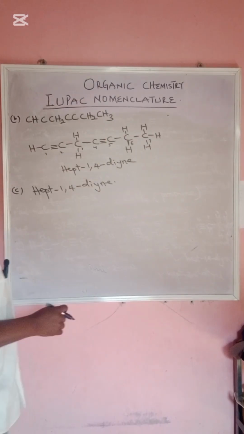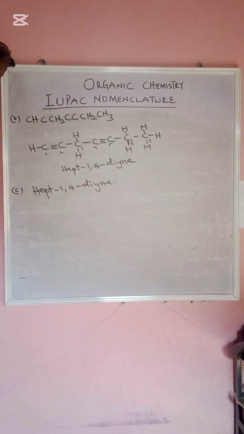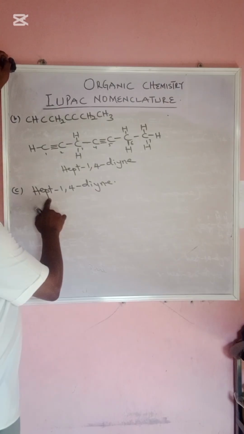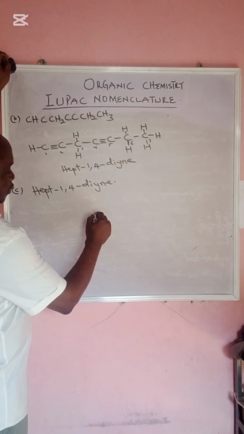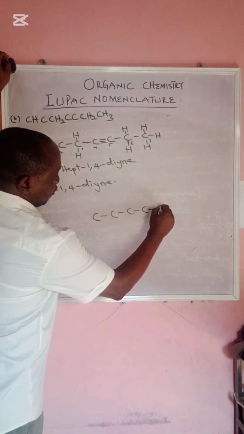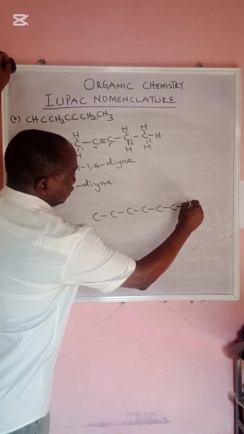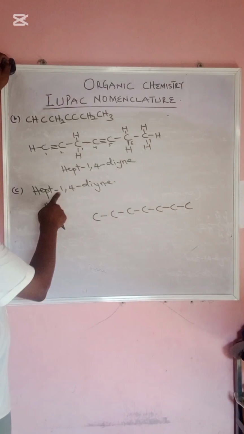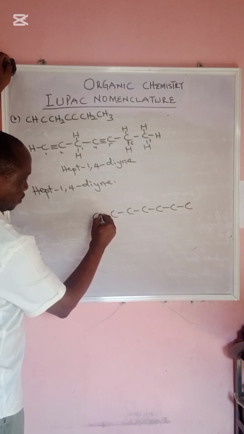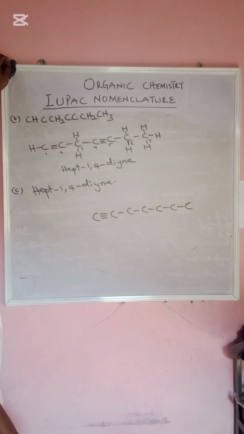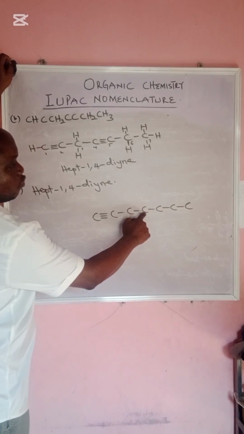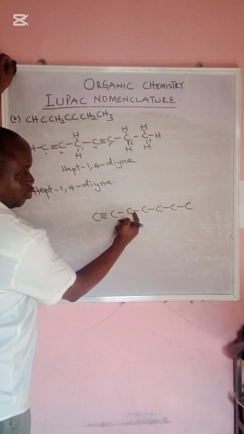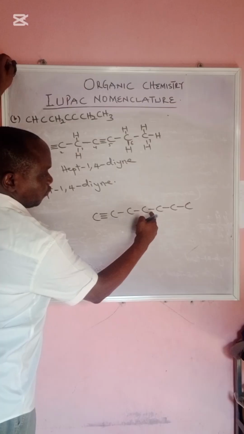And you have the structure. Always start with the family name, the parent name. So that is hepta, 1, 2, 3, 4, 5, 6, 7. The yne is on carbon 1, so triple bond on carbon 1. Then another yne on carbon 4: carbon 1, 2, 3, 4. Take note of that. That's all.